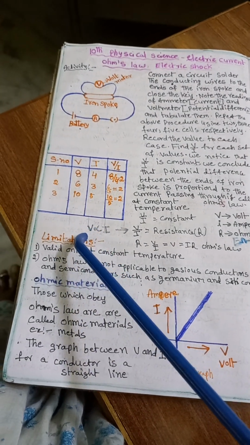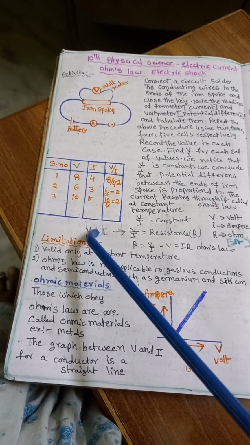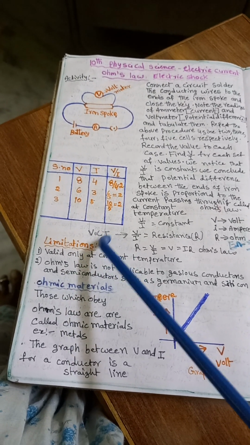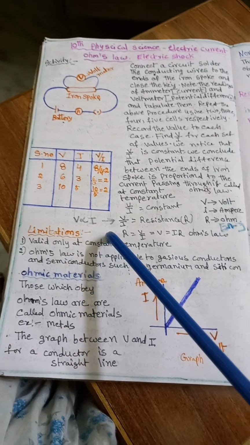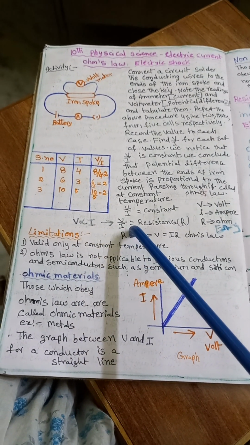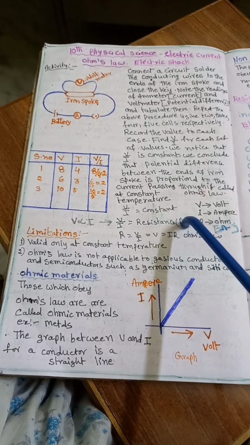So here V means potential difference, proportional to current. I means current. So it is written as V by I is equal to R. R means resistance.